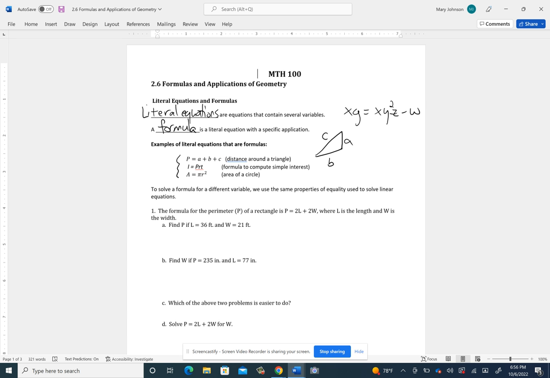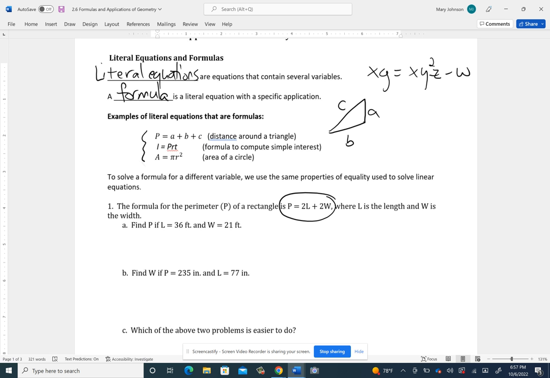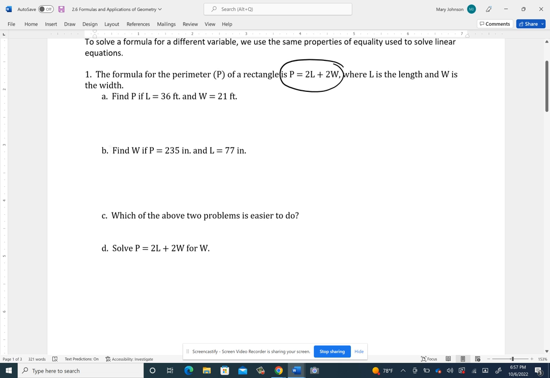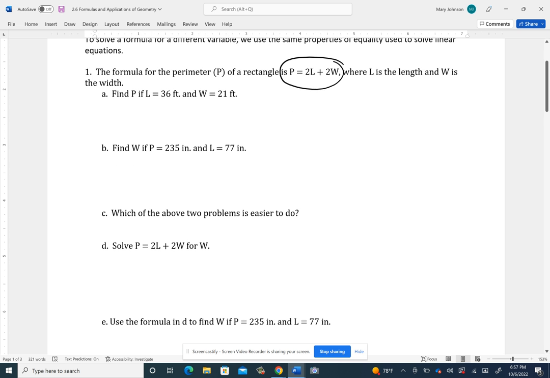Now, what we're going to wind up doing in this homework is really 2 basic things. One of them is like question number 1A, where they give you the formula, and then they give you the values of all but one of the variables.